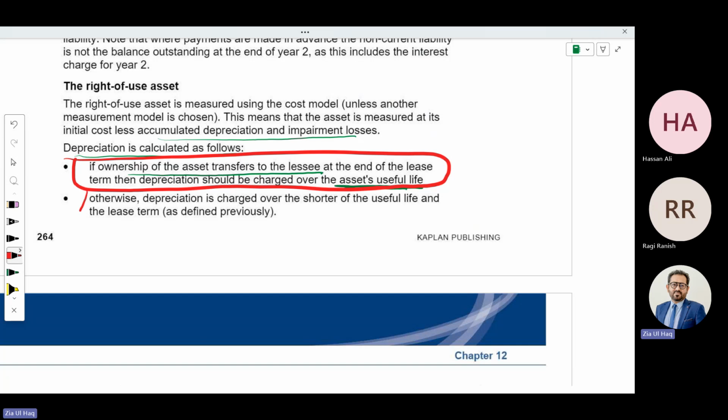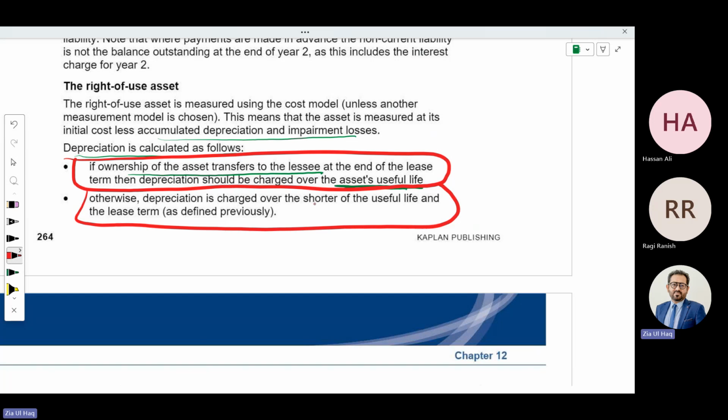If ownership of the asset will not be transferred to the lessee, suppose the lease time period is 5 years and the asset useful life is 8 years, then we need to calculate depreciation using the shorter time period. That is what, 5 or 8? 5.